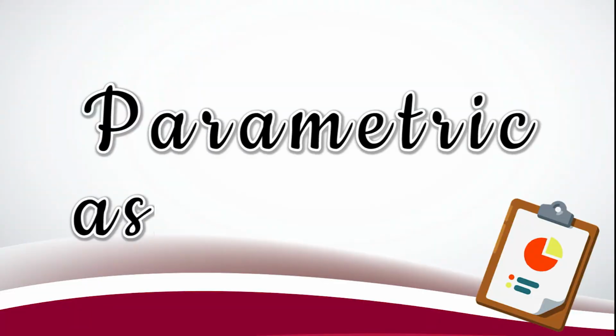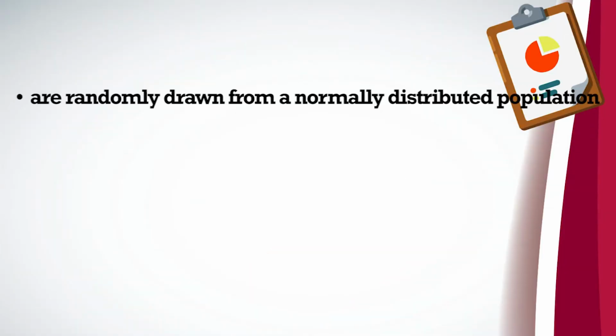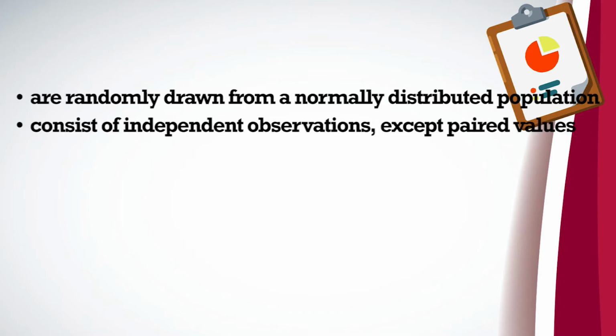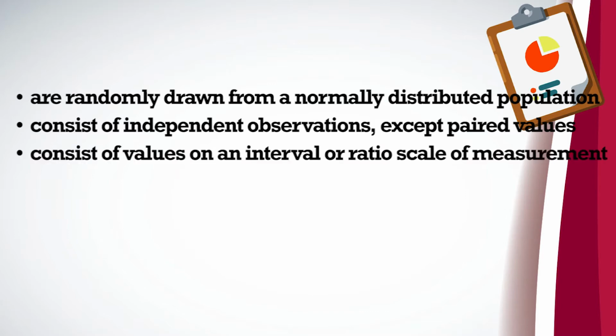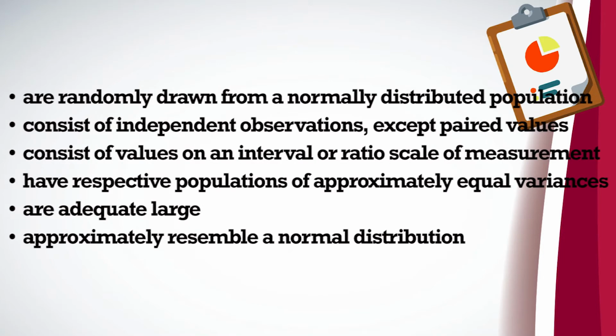These parametric assumptions include that samples are randomly drawn from a normally distributed population, consist of independent observations except for paired values, consist of values on an interval or ratio measurement scale, have respective populations of approximately equal variances, the sample size is adequately large, and approximately resemble a normal distribution.